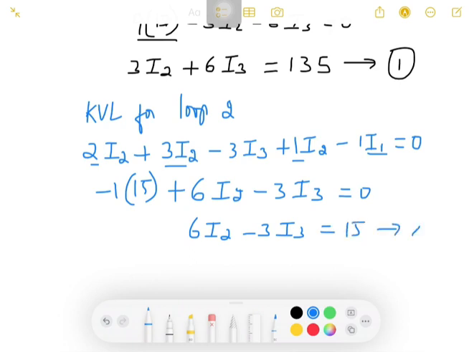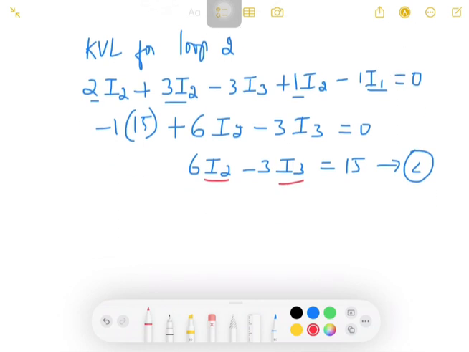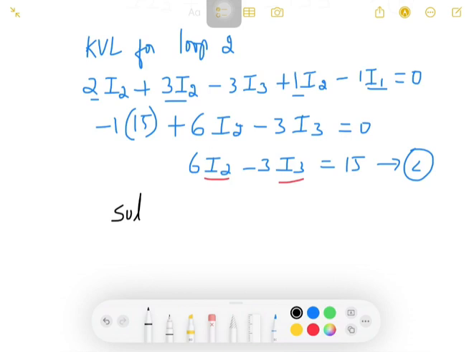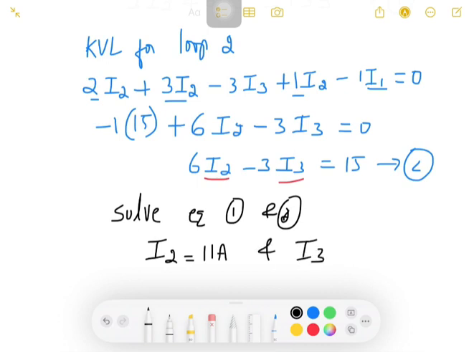If I solve this, since I1 is already known, only the unknowns are here. If you look at equations 1 and 2, I2 is common and I3 is common. So unknowns are I2 and I3. If you solve equations 1 and 2, we get I2 equal to 11 amps and I3 equal to 17 amps.